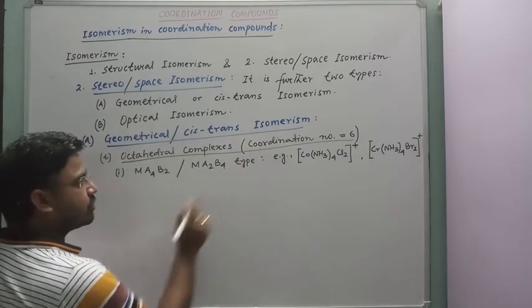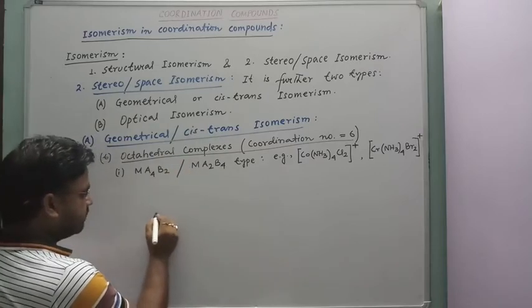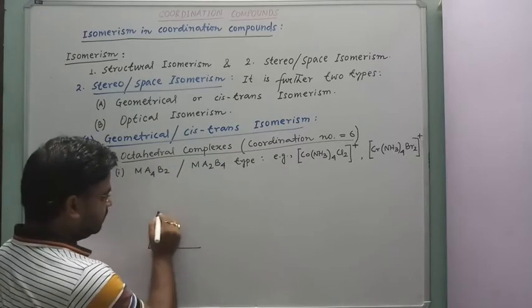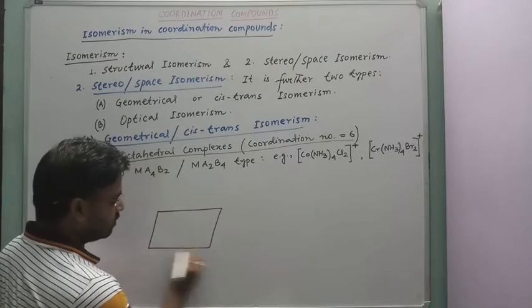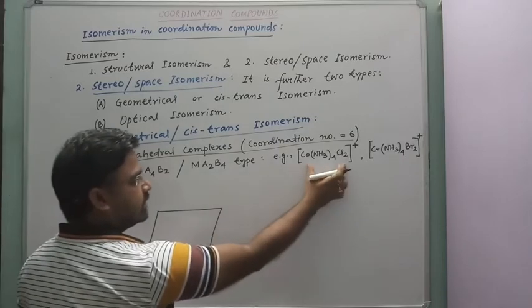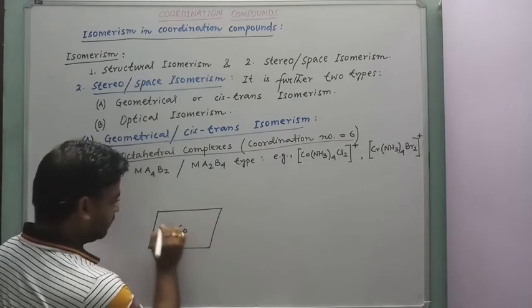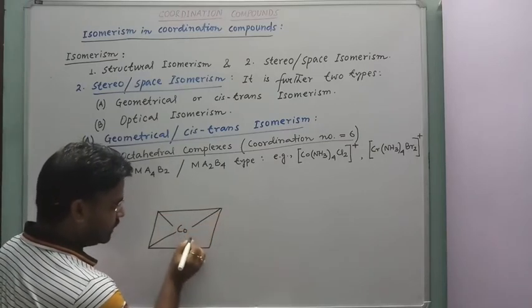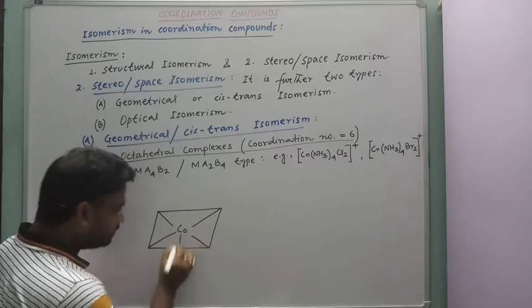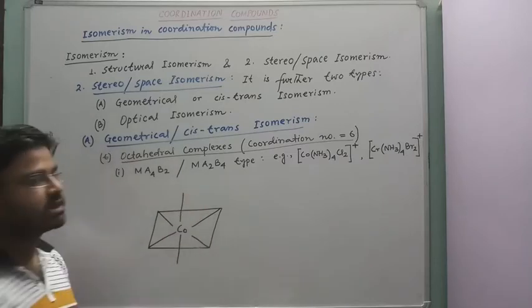Since it is an octahedral complex, I am taking this example. Cobalt is the central atom. 1, 2, 3, 4, 5, 6. Coordination number is 6.